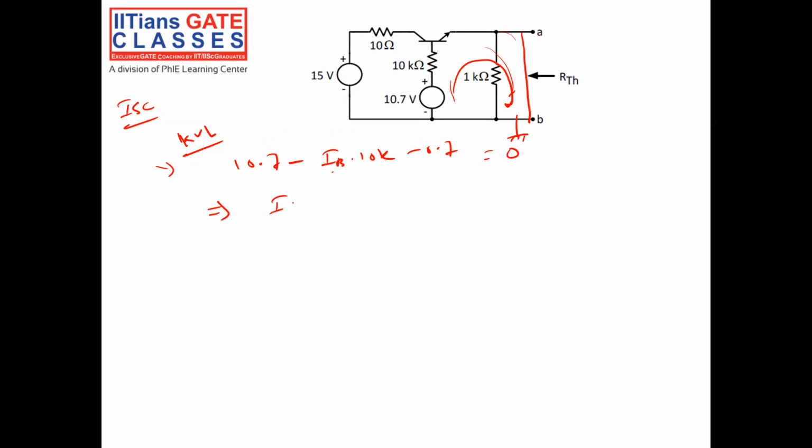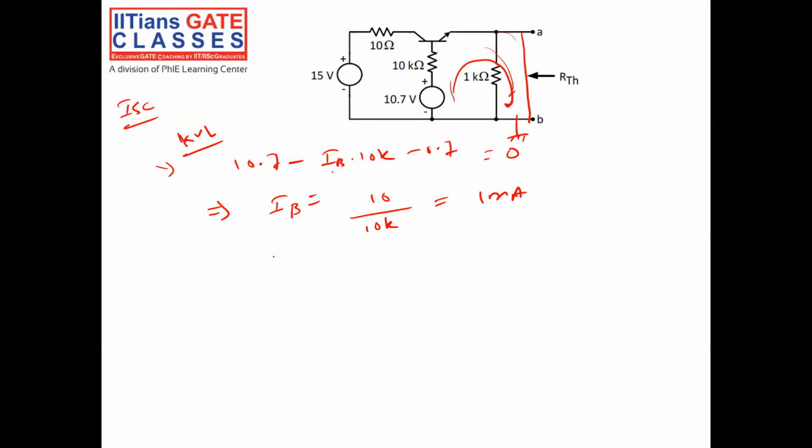Simplify: IB is equal to 10.7 minus 0.7, that is 10 volt, by 10k. So 10 by 10 is 1 milliampere. IB is 10 volt by 10k, equal to 1 milliampere.